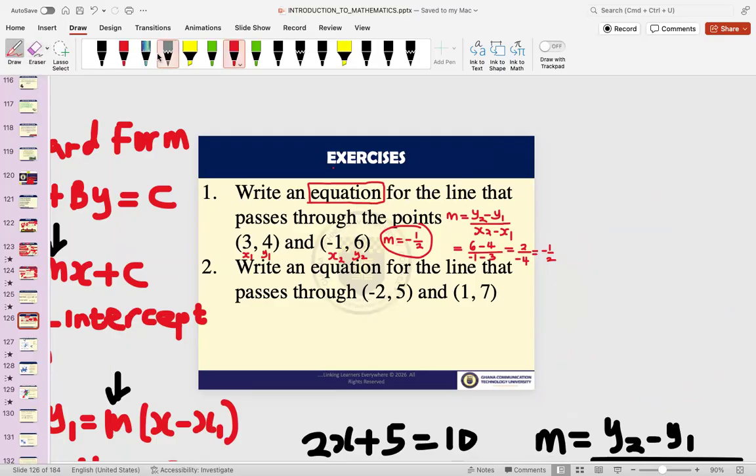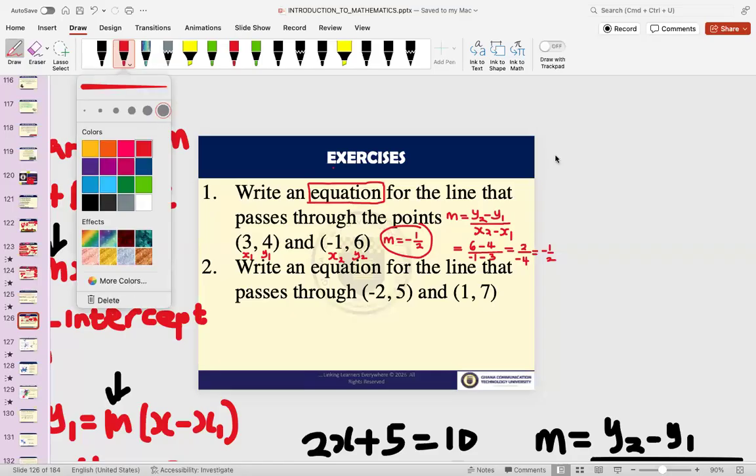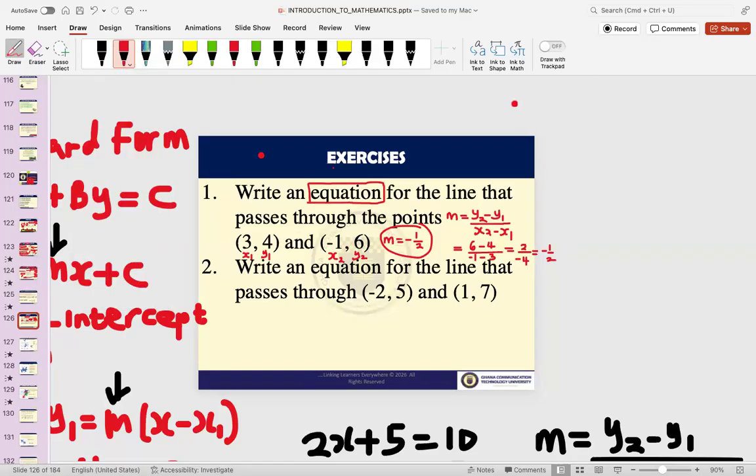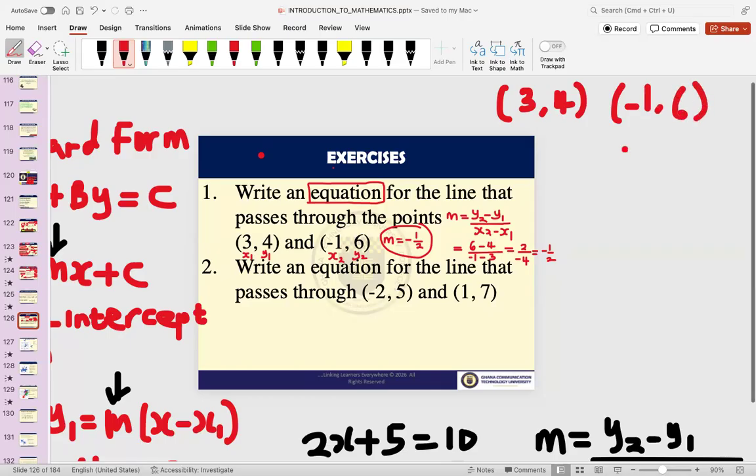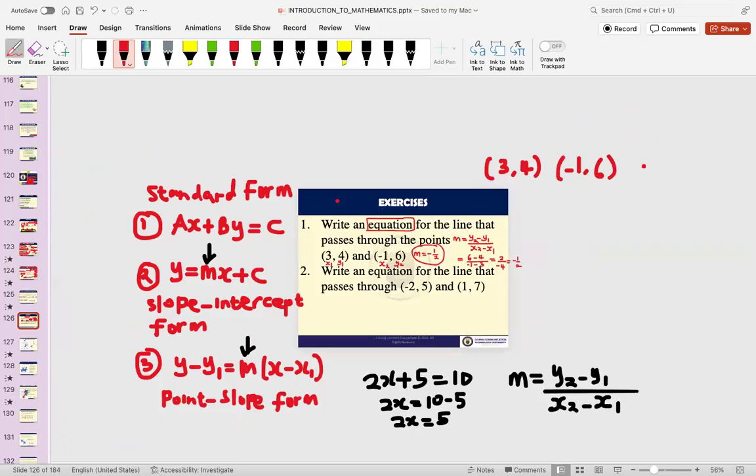Let me write them as it is here. And then we can use it to work. From the question, these are 2 points. 3, 4. First point. Second point. Negative 1, 6. The m we just had, we had negative 1 over 2.